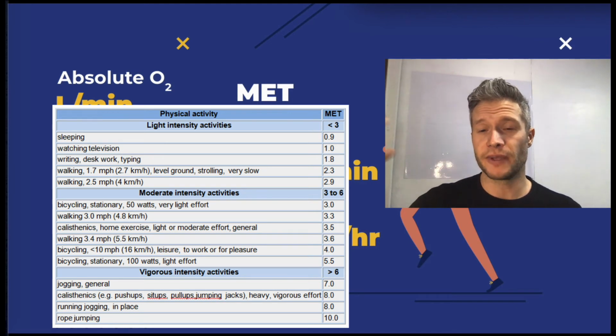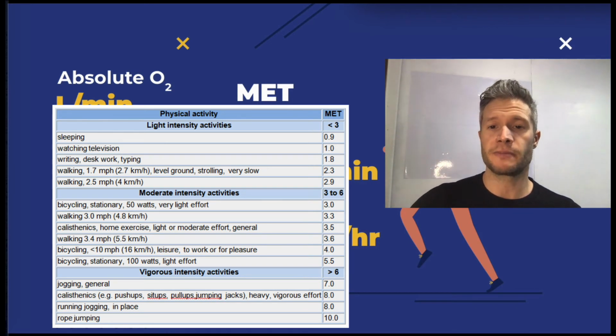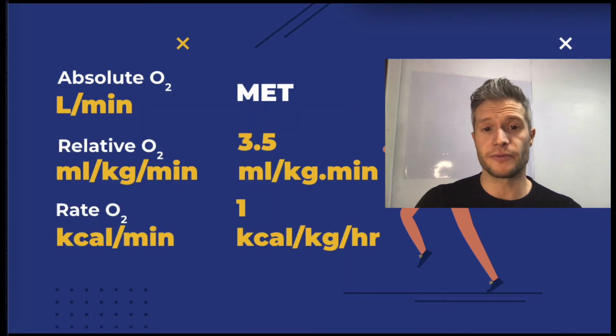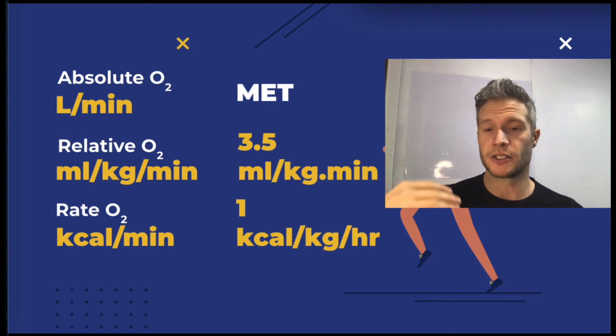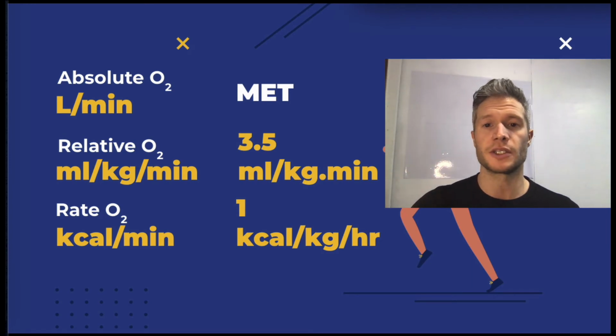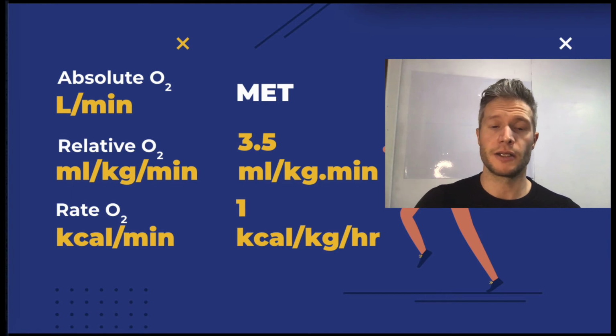Well, we're trying to figure out energy expenditure of different physical activities. At the end of the day, that's ultimately what the ACSM equations were set up for, but they have a few more uses too. Okay, so METs is just one more set of units that we can use to express a similar concept.